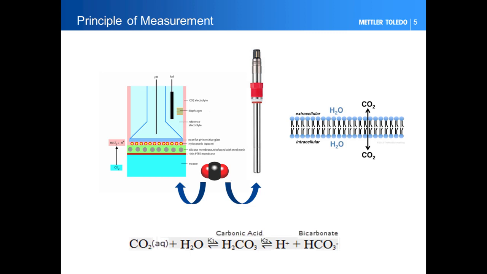Important to note for cell culture application, this is a selective pH measurement method based on CO2 content in media. And somehow there is an analogy when looking at CO2 diffusion passing both ways a cell membrane, speaking of the principle. And regarding the robustness and performances during cell culture, I will briefly approach those aspects in a couple of slides.